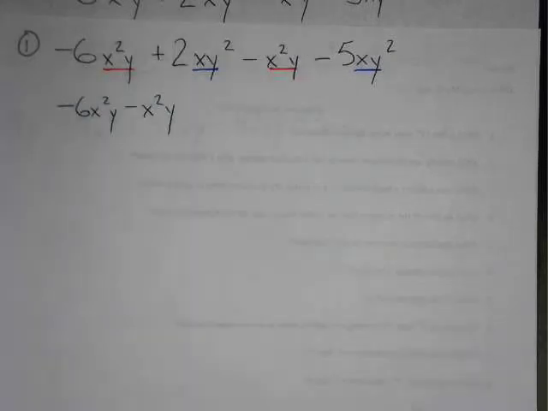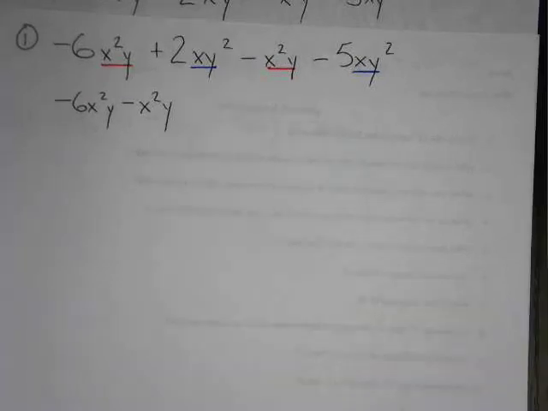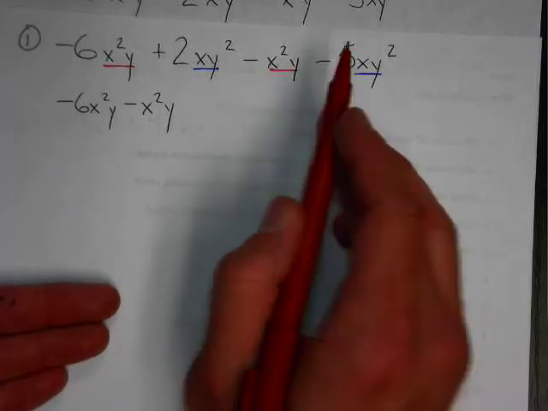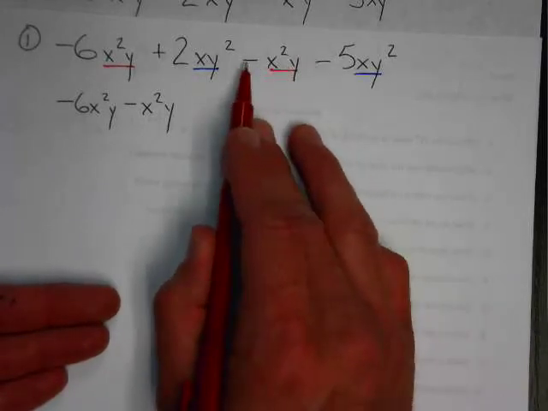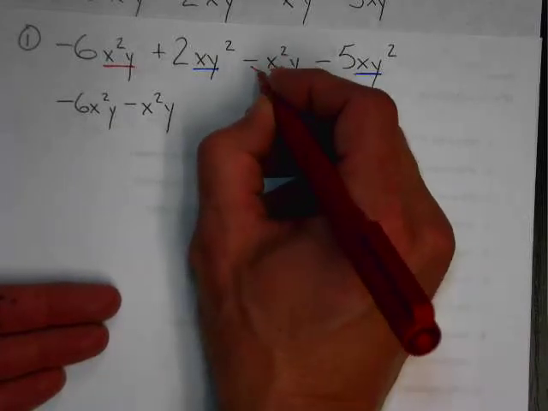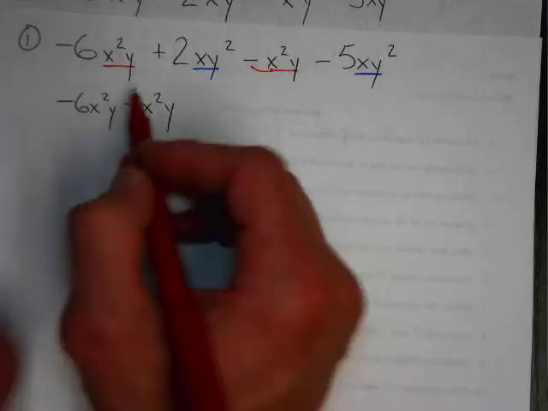Okay, so I'm just going to take my x squared y's, and I'm going to put them close to one another. Now keep in mind how this works is that we have signs that belong to each term. So this is x squared y here, but this negative here belongs to it. Okay, so this negative sign we're going to rewrite with it, and we're going to just put it next to that -6 x squared y.